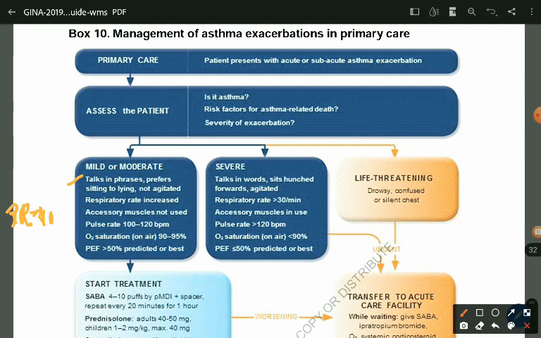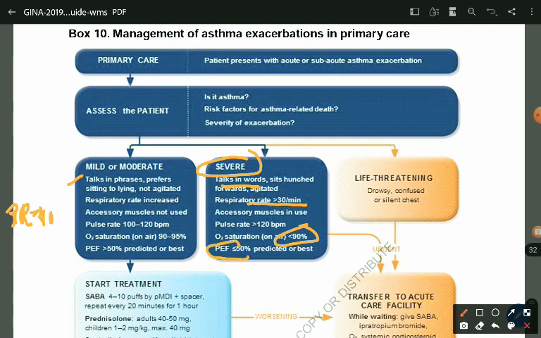For severe classification, we have: talks in words, sits hunched forwards, agitated, or respiratory rate more than 30 or 40 depending on age. Then accessory muscle use, pulse rate of more than 120, oxygen saturation less than 90. This is very important, no? The oxygen saturation.